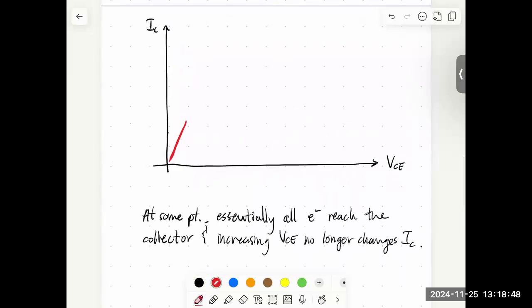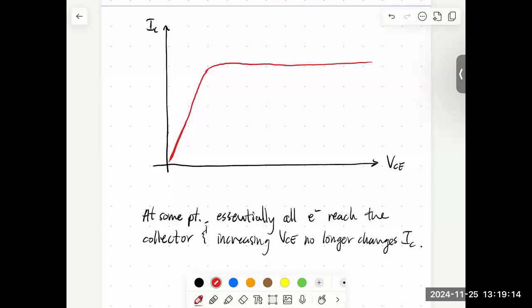And so what that would look like is we keep increasing this collector emitter voltage and the collector current increases, but then at some point, basically all of the electrons have reached the collector, and so there's no more to capture, and we get this plateau of the collector current.